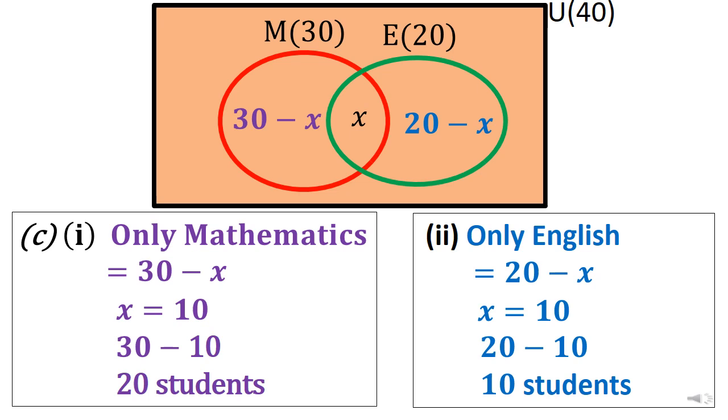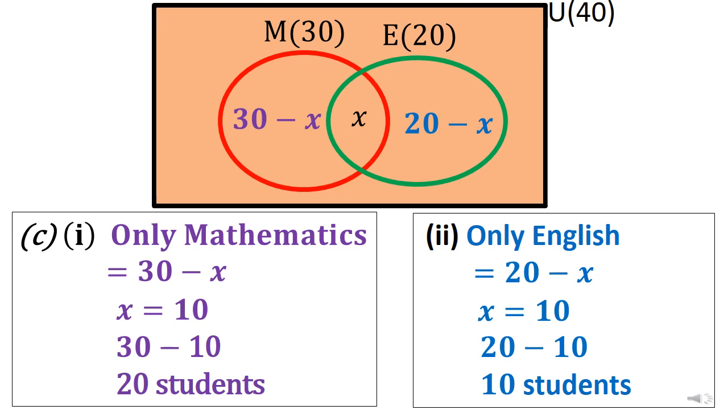Therefore, only mathematics is equal to 30 minus x. But we know that x is 10. So we substitute 10 for x. Now we have 30 minus 10 which is equal to 20 students.